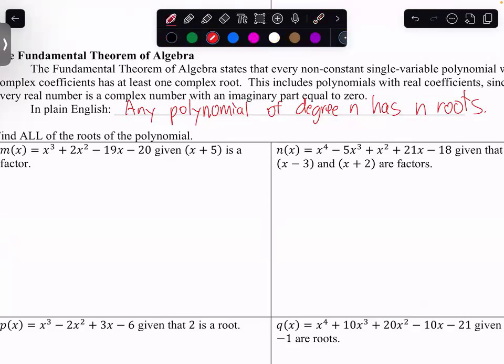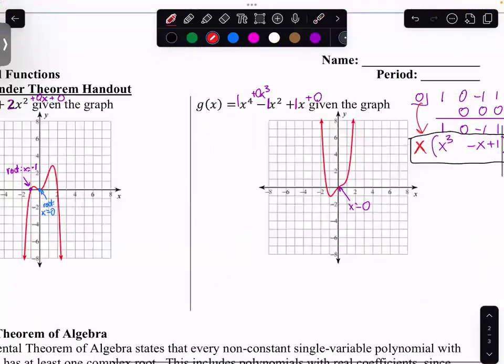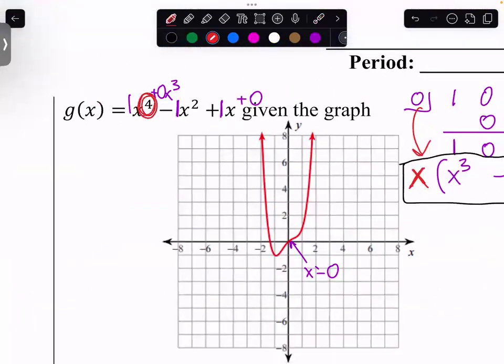Okay, so this may not match with what you think you've seen above, right? Like if we look back over here, this is degree 4, but we only see 2 roots. So how can this be true?